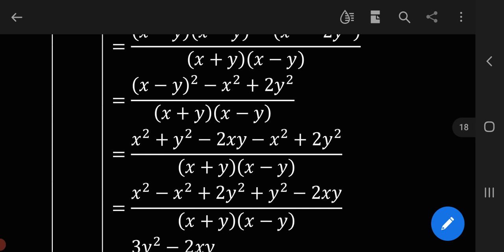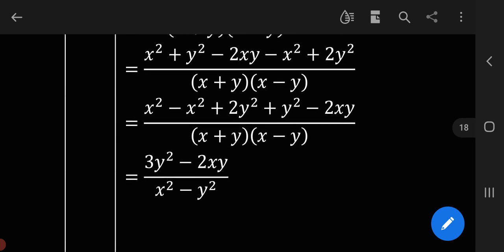So these two will be cancelled. The remaining ones cannot be cancelled, they should be kept as they are. So in the final answer, one is 2y square plus 1y square, that will become 3y square, and the remaining term is minus 2xy, divided by x square minus y square.